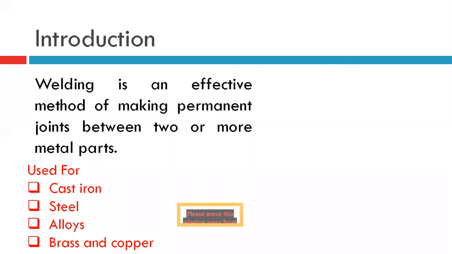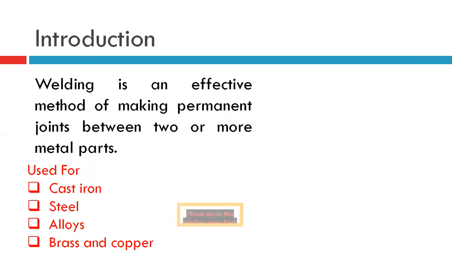As we know the definition, welding is an effective method of making a permanent joint between two or more metal parts. As we saw in previous lectures, if we want a temporary kind of joint, we use nut and bolt joints or screws.